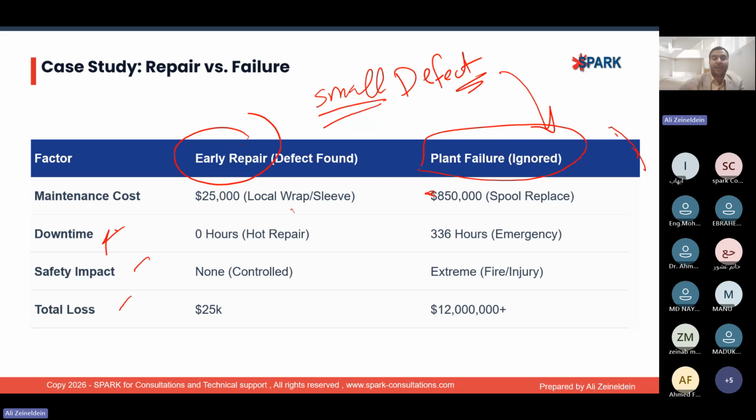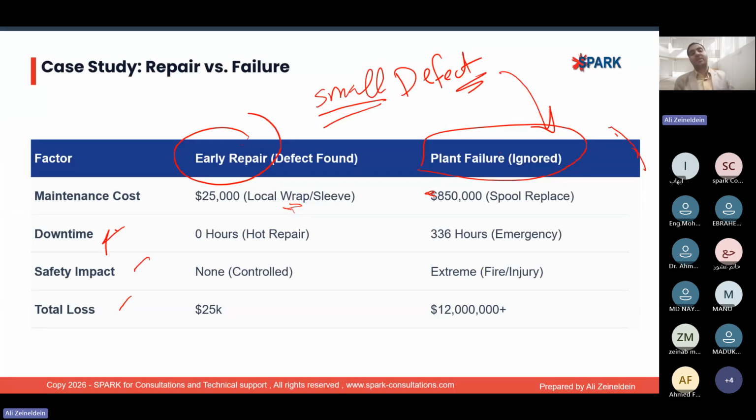For example, let us give an example for this. Suppose we have a pipeline passing under a road crossing, or there are some ramps for vehicle movement, and the pipeline is without any wrapping and without any sleeve.